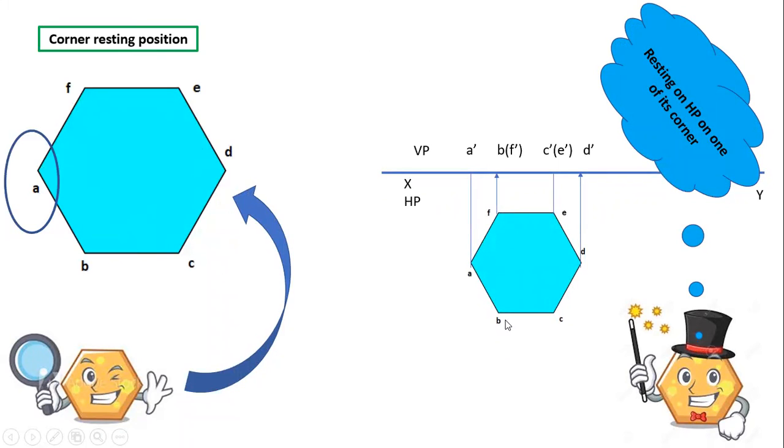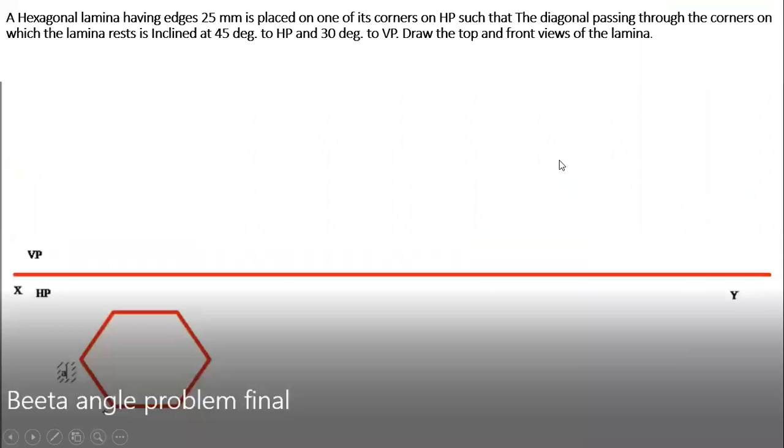The top view will be a hexagon and the front view will be a straight line. When I am viewing from the bottom, I will be able to see A, B, C, D, whereas E and F will be hidden. Whichever is hidden, I am writing within the brackets.